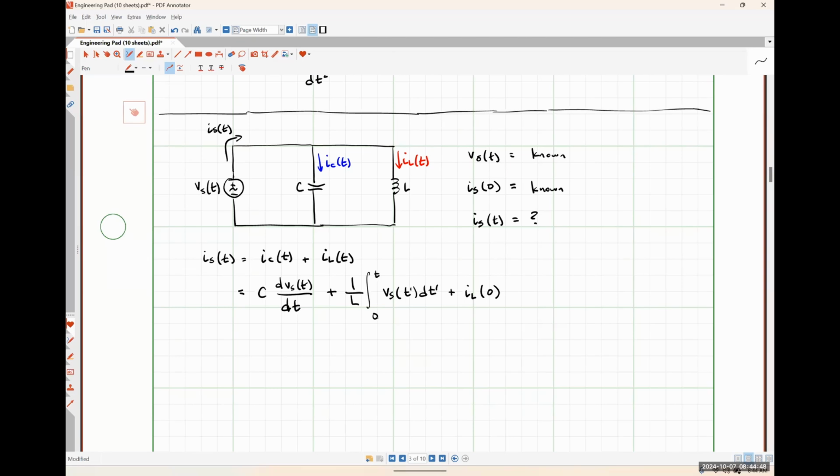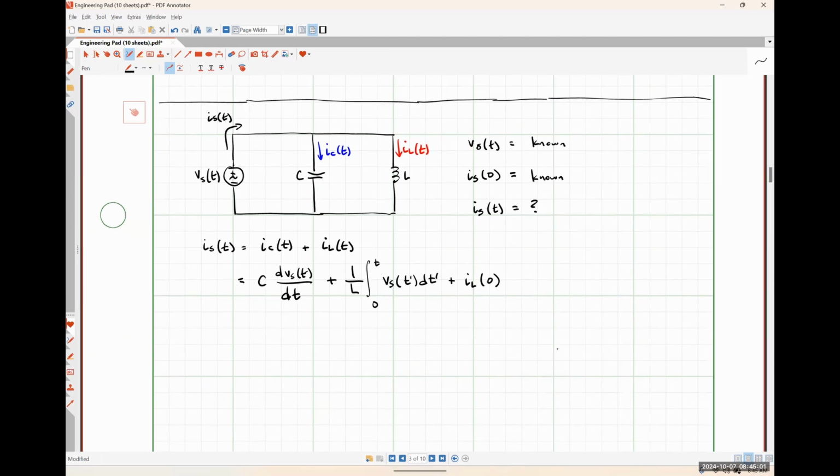The reason why I'm choosing 0 for t naught is because I know what my source current is at t is equal to 0. So that's giving me a strong hint, okay? If I look at this expression, since Vs is a known quantity, I can take the derivative of it pretty easily.